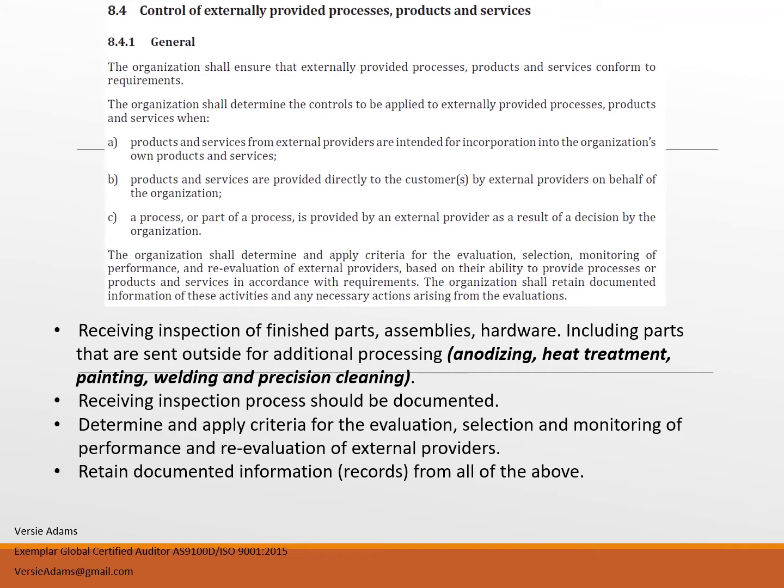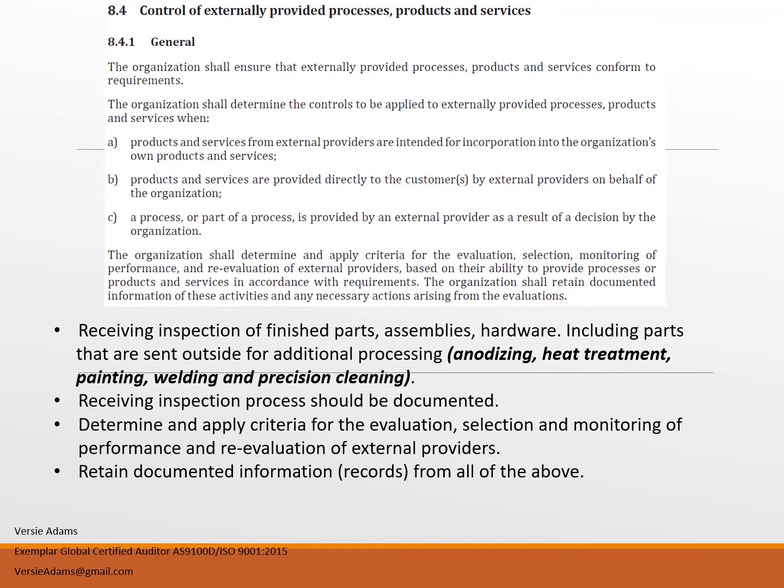Now beyond that, you're going to need to document your receiving inspection process. You're going to want to formally document that process, however brief it may be, or however detailed you may want to be, it needs to be documented. Beyond that, you're going to apply criteria for evaluating, selecting, monitoring, and reevaluating your external providers.